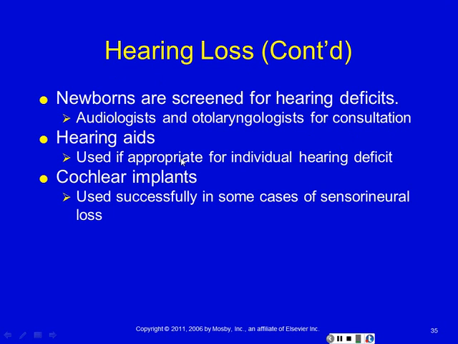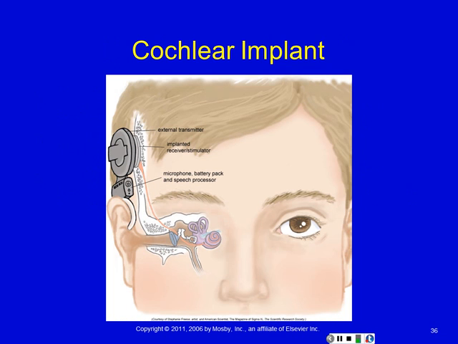Because we have options. Hearing aids are the old school way. Basically, they amplify sound in certain frequency ranges to help people understand others better. And now we have this fancy device called the cochlear implant, which actually stimulates the organ of Corti directly. It looks sort of like this.